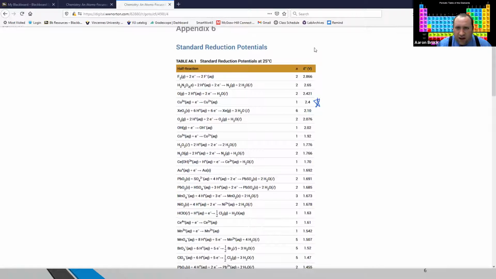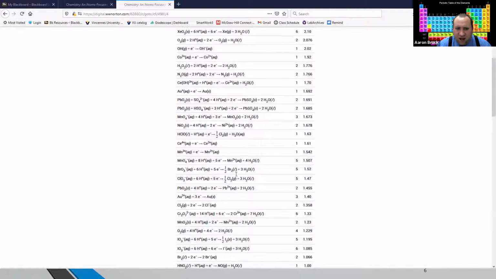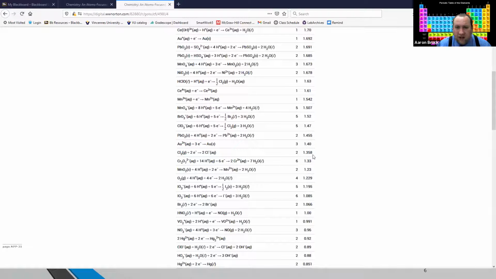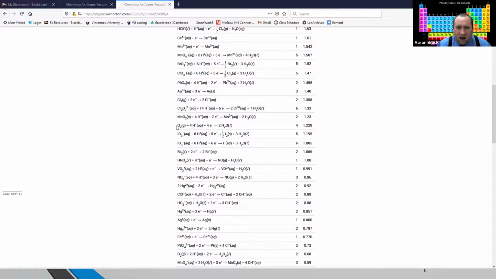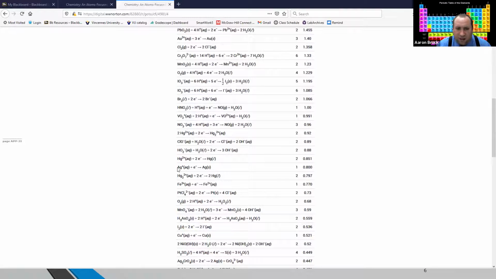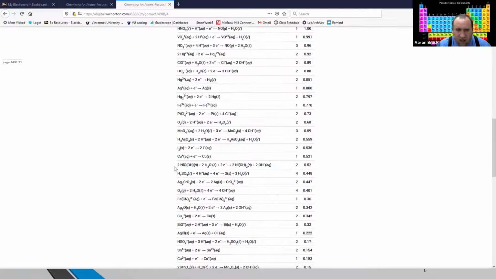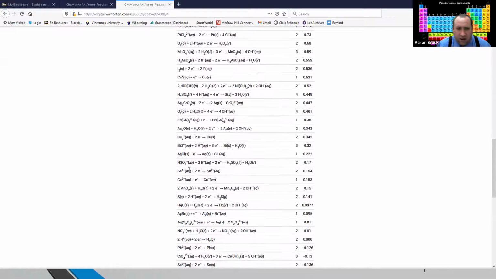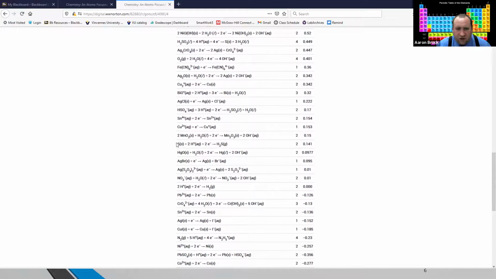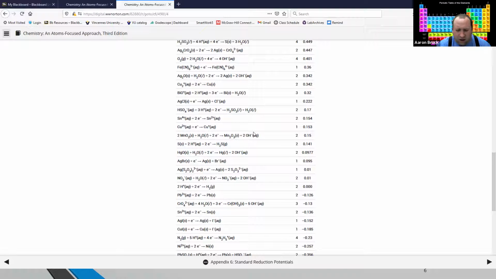If we go further down, we can see some other cool things. Here's chlorine. Here's oxygen acting as an oxidizer. Here's silver ion being reduced, acting as an oxidizer. Here's copper 1, and here is the transition between copper 2+ ion and copper 1 ion.